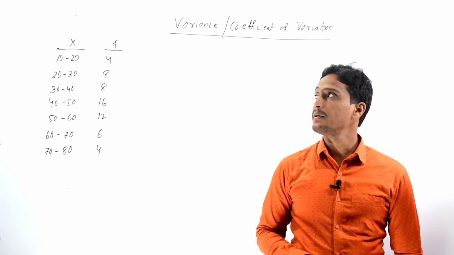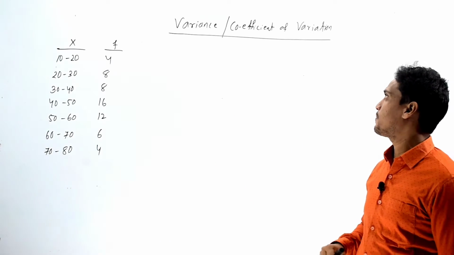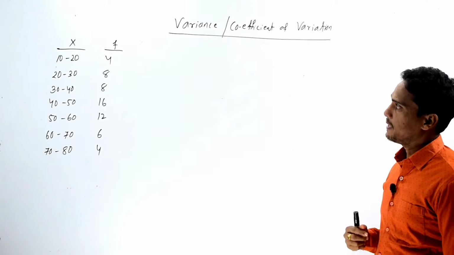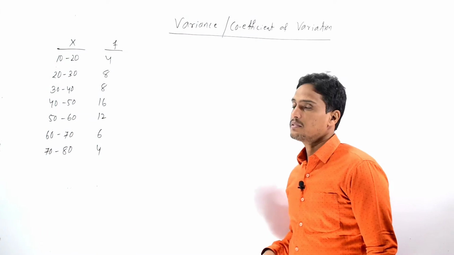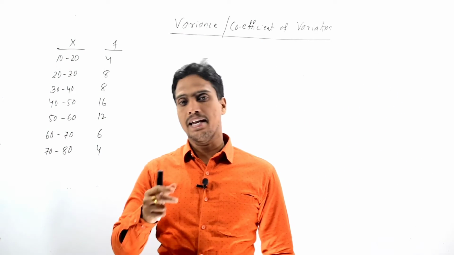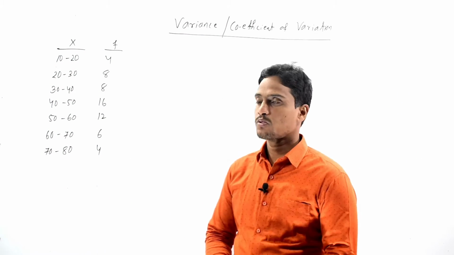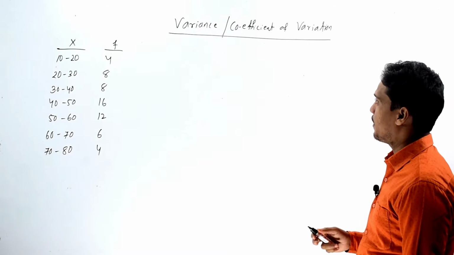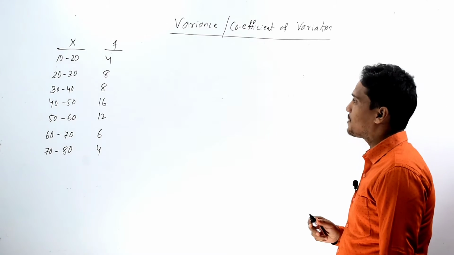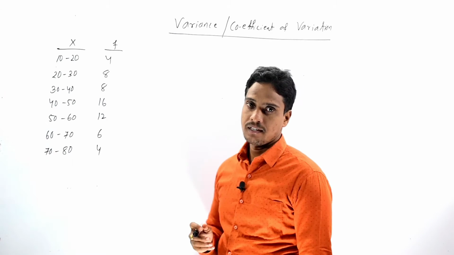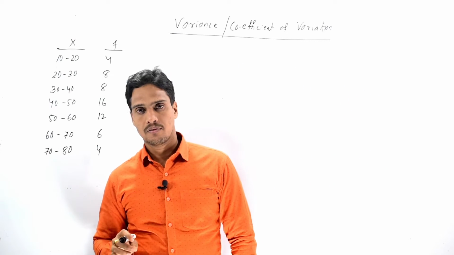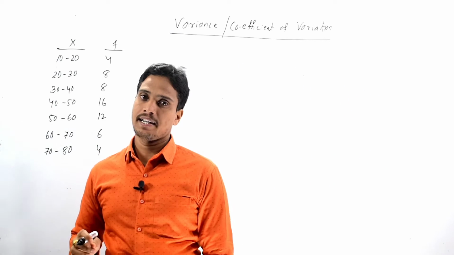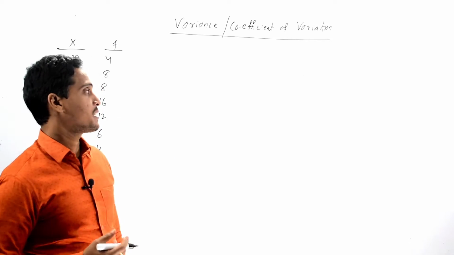So before computing variance and coefficient of variation, we must be clear about such terms. Variance means the square of the standard deviation, whereas coefficient of variation means the expression of coefficient of standard deviation in percentage.